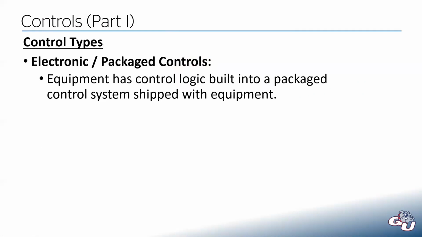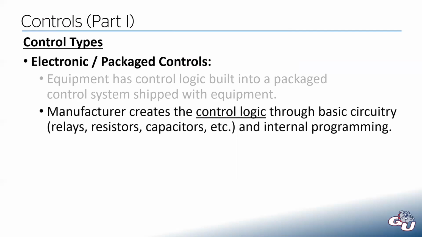So the manufacturer creates the control logic through some circuitry using relays, resistors, capacitors, internal programming. So there still can be some software involved on this, but the big thing is that the manufacturer creates the controls for you. They wire it up inside the unit, and then that just gets shipped to you as part of the package.